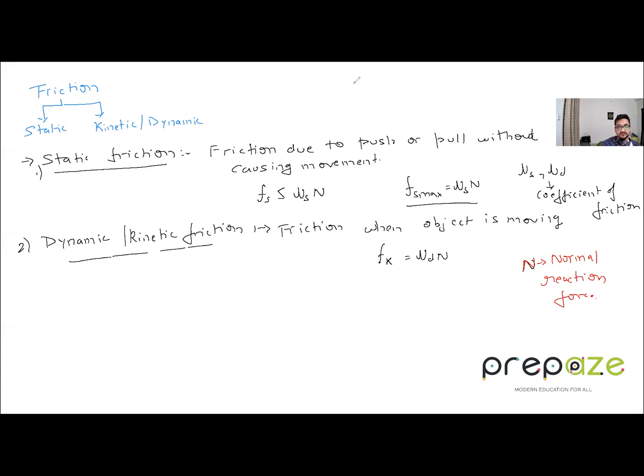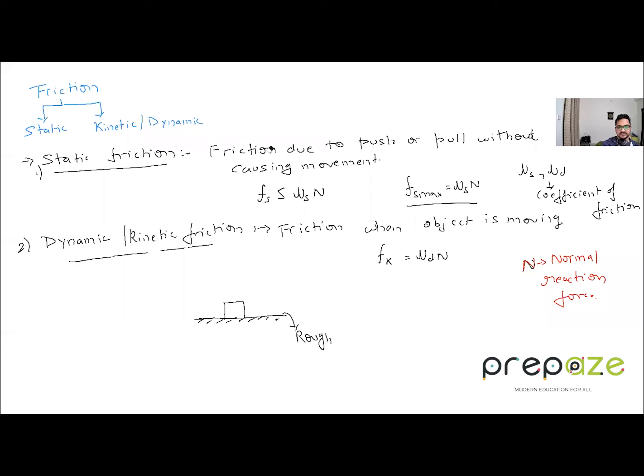Let me give you a very quick explanation of what exactly static and kinetic friction mean. Suppose you have a block kept on a rough surface. Before giving the mu s value, let me explain a bit more on this situation.